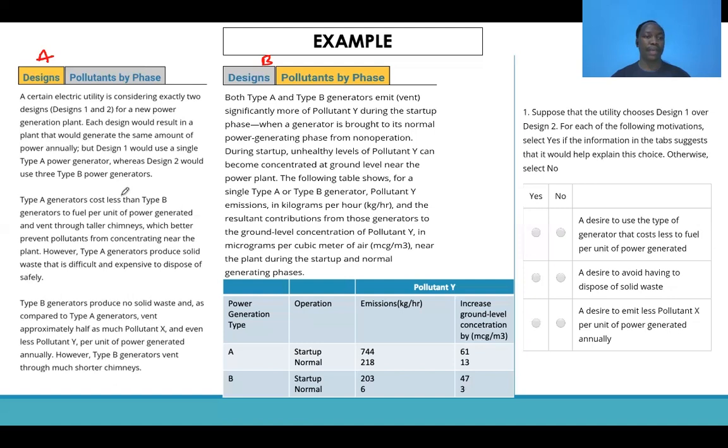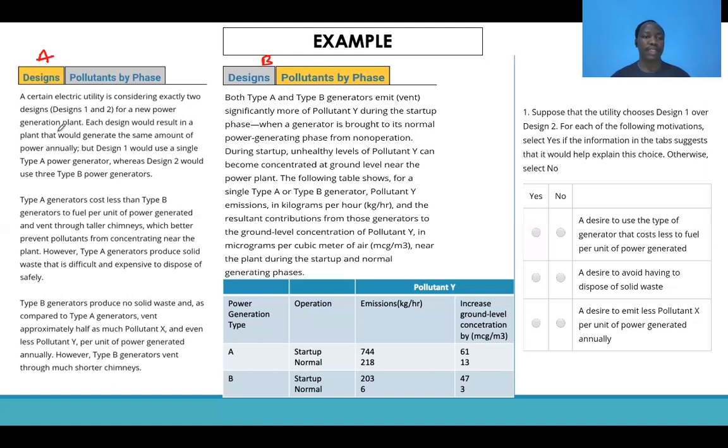Looking at the information in tab A, you can tell it's a passage formed of just 3 paragraphs, all right? So let's go through each paragraph and see what information is in each. A certain electric utility is considering exactly 2 designs, design 1 and design 2, for a new power generation plant.